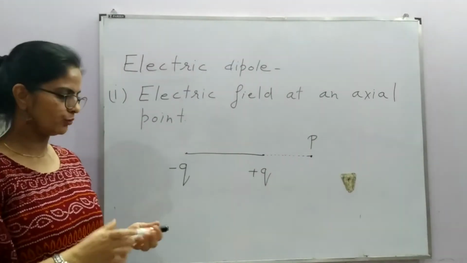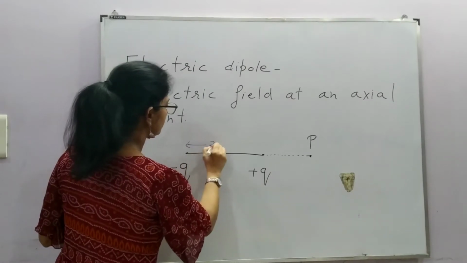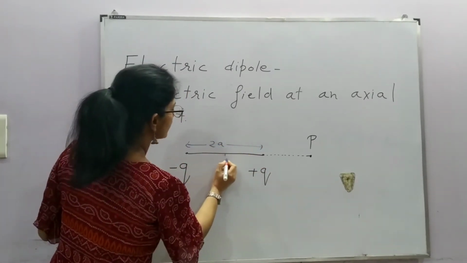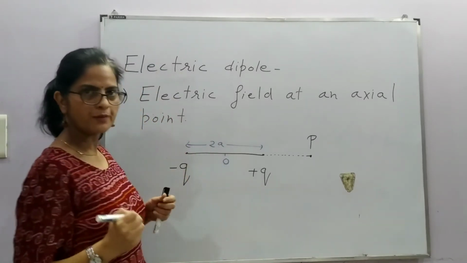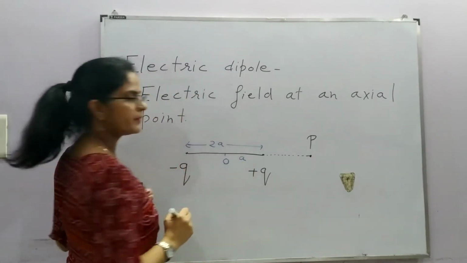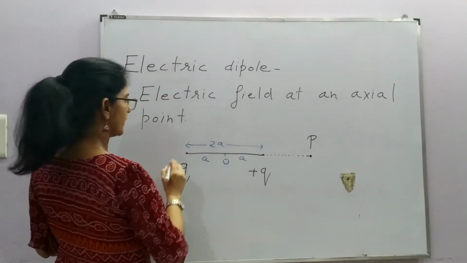due to this dipole. We know that 2a is the separation of these charges and O is the center of this dipole. So this distance will be a and this distance will be a.